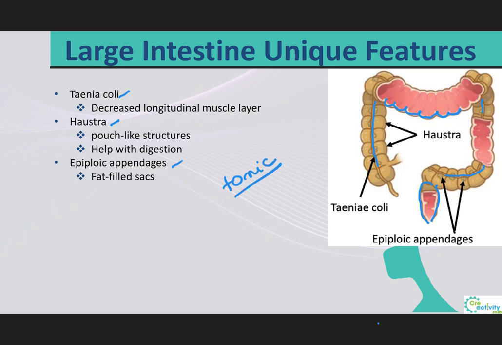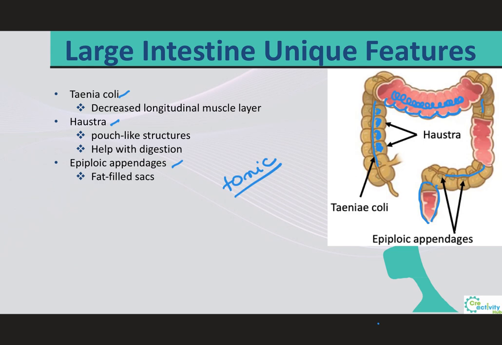And these haustra, which are responsible for the wrinkled appearance of the colon, are also responsible for a continual breakdown of the chyme passing through the large intestine, as the pouches form a sort of segmentation process where it churns the contents as they move down from one compartment to the other. So even though the propulsion of food is done by peristalsis, those pouches create a churning that is similar to what occurs in the segmentation process.